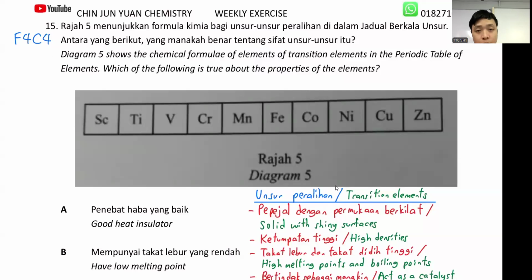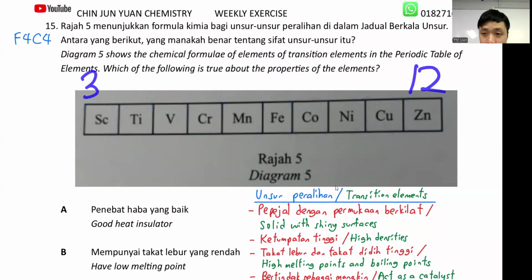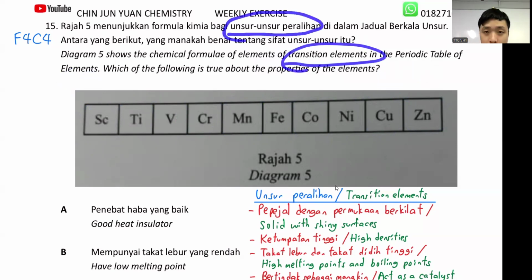Okay, 15 is also from chapter 4. Diagram 5 shows the chemical symbols of transition elements in the periodic table. All these scandium, titanium, vanadium, chromium, manganese, iron, cobalt, nickel, copper, zinc, they are between group 3 to group 12. Group 3 to group 12 is called transition elements. We call it unsur peralihan.